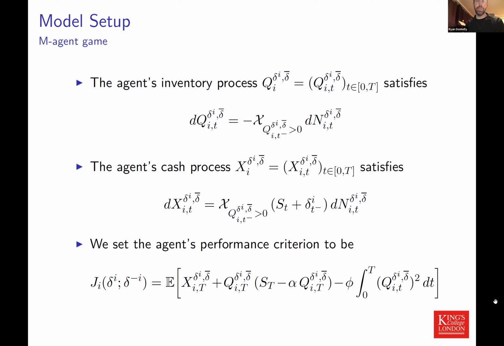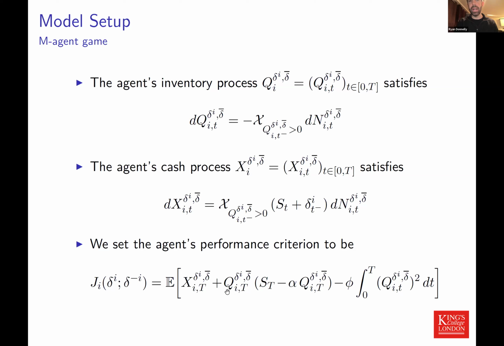Performance criterion is essentially going to maximize their total expected wealth. So the wealth is going to be the sum of how much cash they've generated through time, plus what is called a recovery price in some sense.